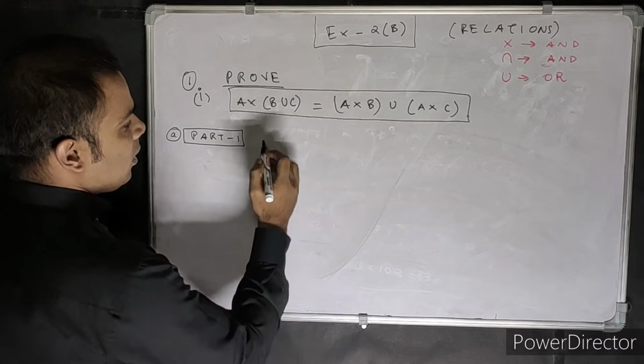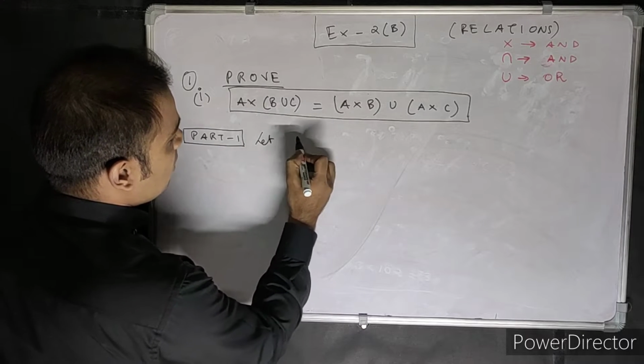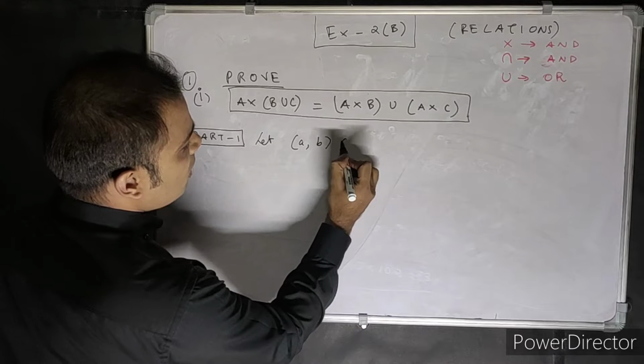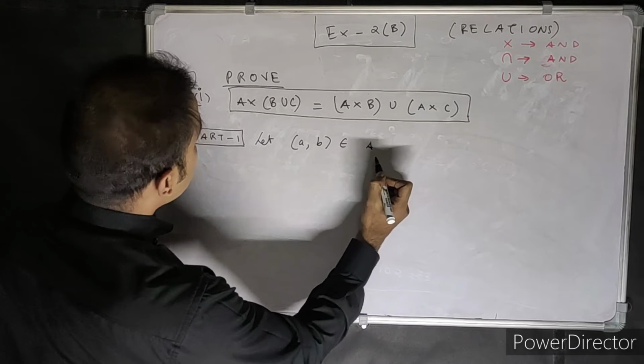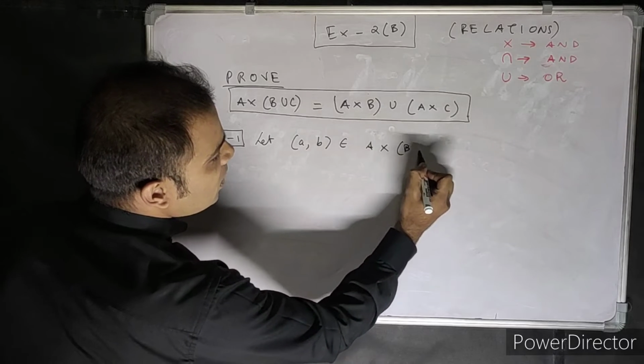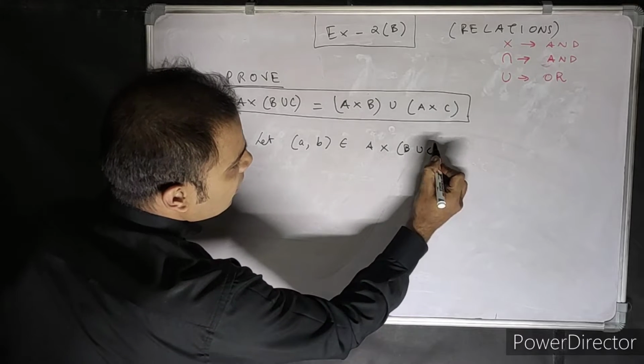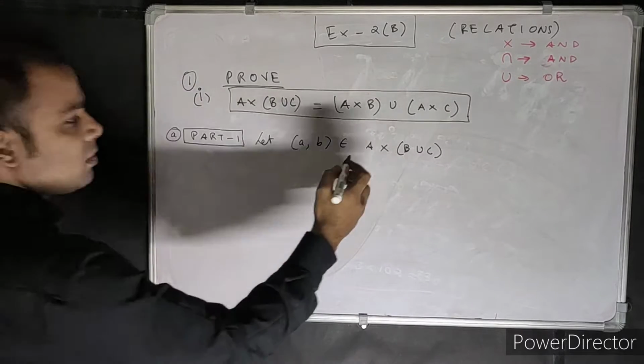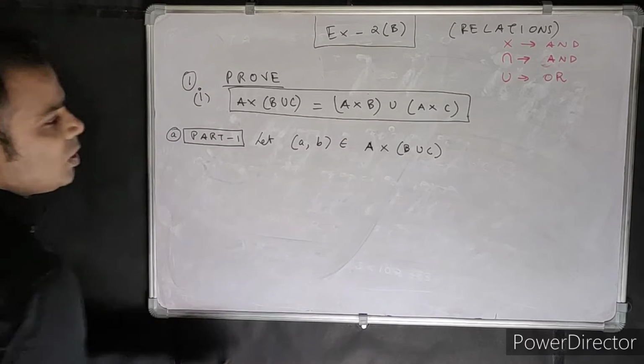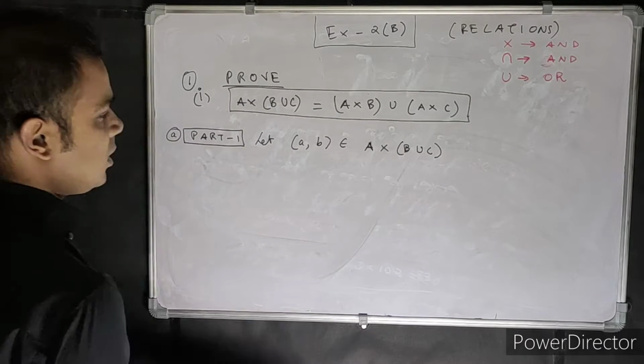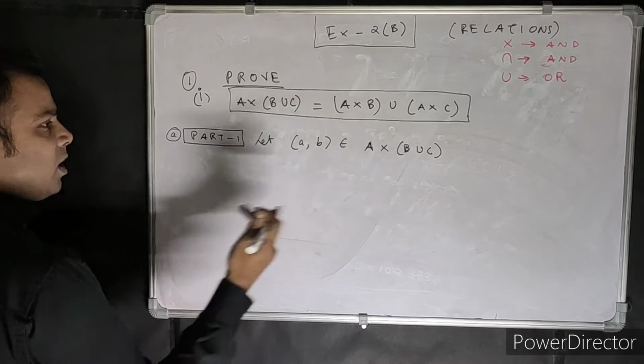So let's start. Let (a, b) belong to A cross (B union C). That is a relation, so it has to be written this way, in coordinate form. Now, from here what do we get?